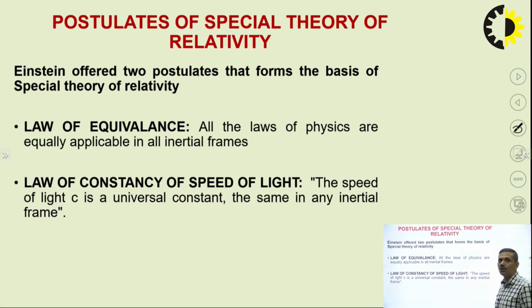First one is the law of equivalence. In the law of equivalence, all the laws of physics are equally applicable in inertial frames of reference. That means the form of all the laws of physics will remain the same. It will not change if we go from one inertial frame to another inertial frame.